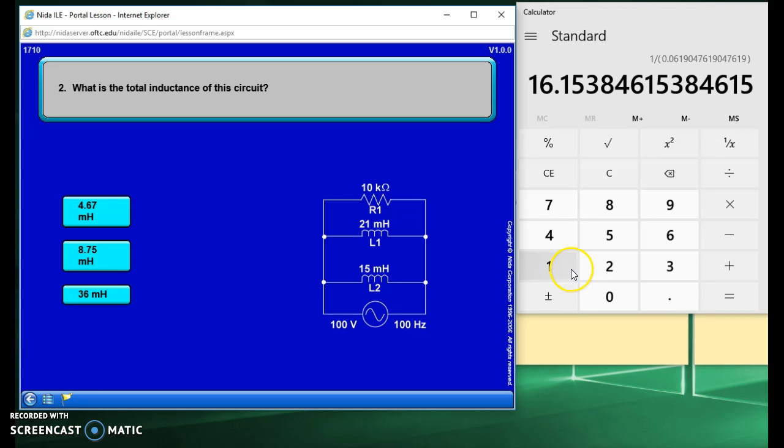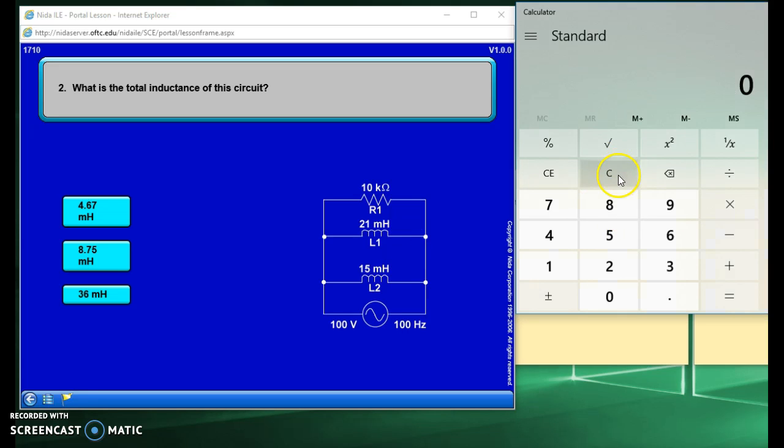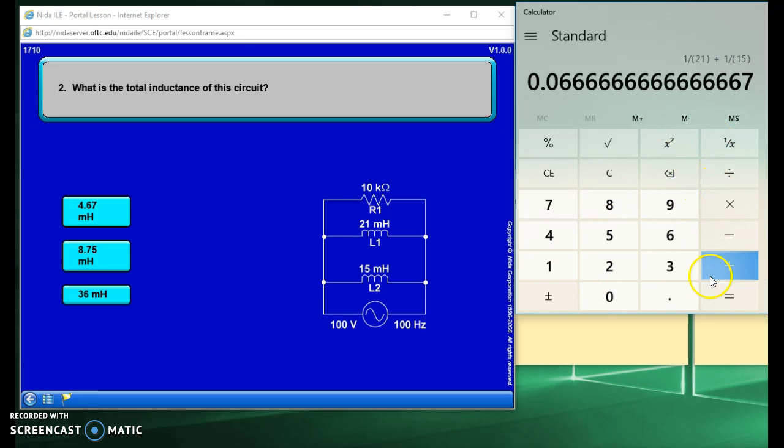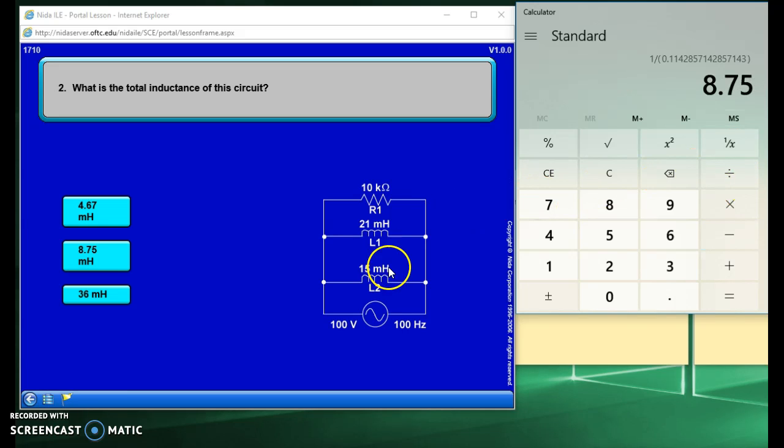Total inductance of this one. Now, we first have to figure out the total inductance here. So we can do product over sum, or we can do reciprocal. 21 reciprocal plus 15 reciprocal equals, and the reciprocal of that.